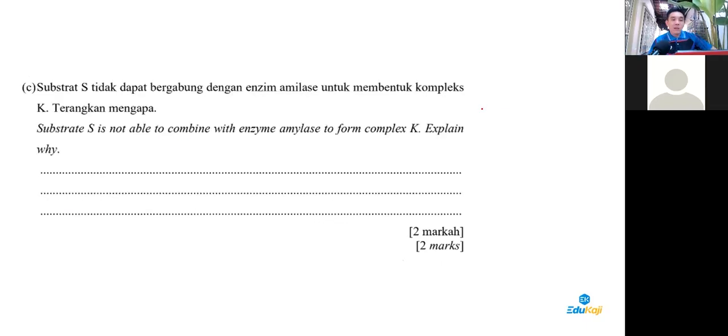Now, substrate S is not able to form complex K with amylase. So why? There are a few ways to put it. Guys, normally this form of question they give you a bit of leeway to use a few words. So I'll show you the few words that they accept.